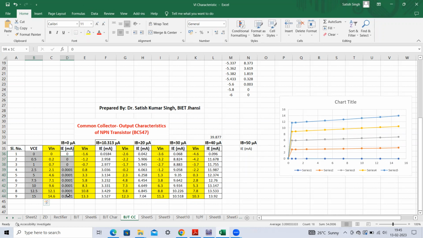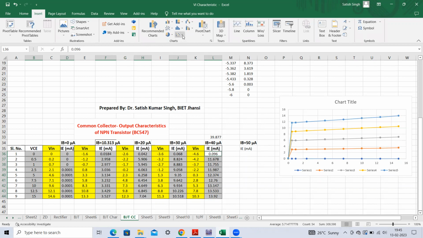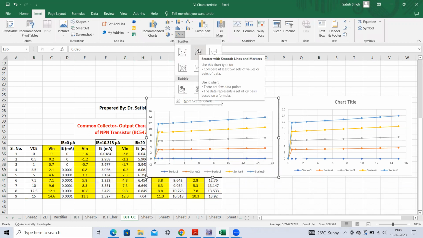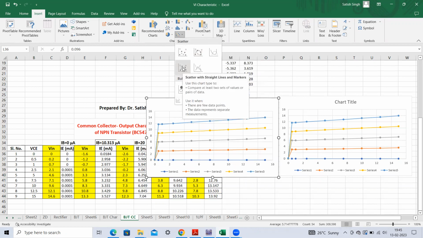Then select the column corresponding to IB equals 10 microamperes, then this column, this column, and this column again. While selecting, I pressed the control button on the keyboard so you can select each of them. Then go to the insert tab, find this option, and plot the corresponding curve. A similar curve we are going to get.